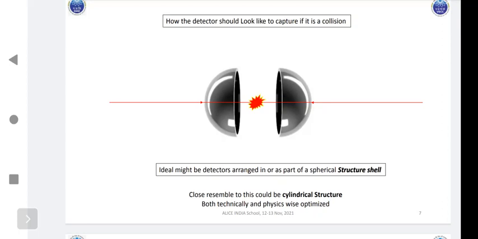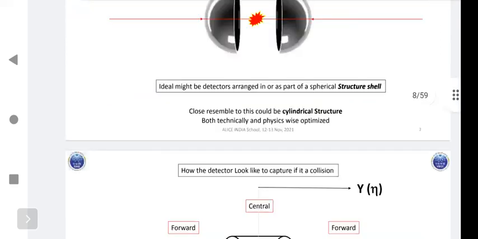Okay. And what could be the closest geometry to this spherical cell? It could be a cylindrical one, right?